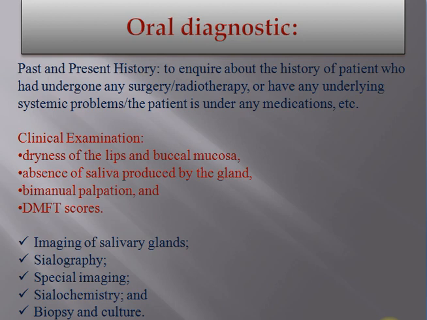So that is the condition of the hard tissues of the teeth, presence and absence, according to the age of the patient. The last part is imaging of the salivary glands, sialography, spatial imaging, cellular chemistry, and biopsy and culture. That is functional diagnostics, in order to understand if there are any problems and to make diagnosis and differential diagnosis for salivary gland disorders.